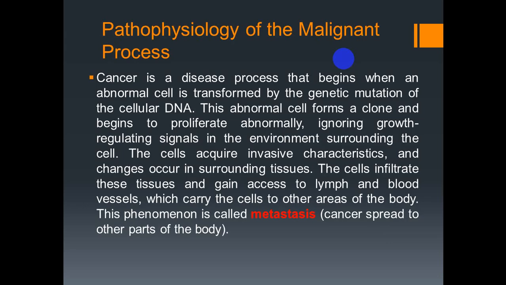The pathophysiology of the malignant process, we are going to talk about briefly to understand it. Cancer is a disease process that begins when an abnormal cell is transformed by a genetic mutation of the cellular DNA.